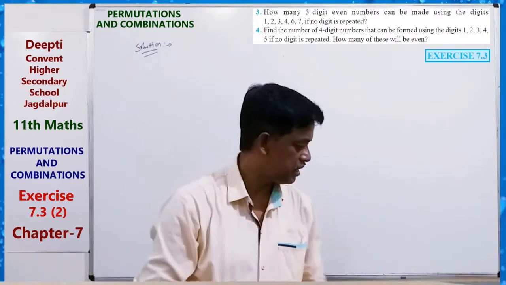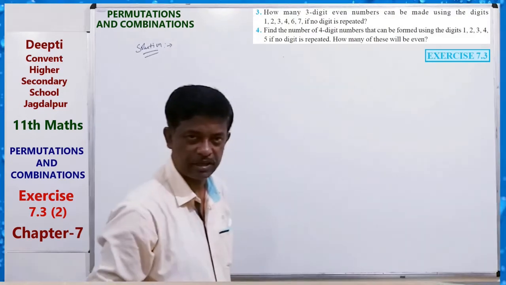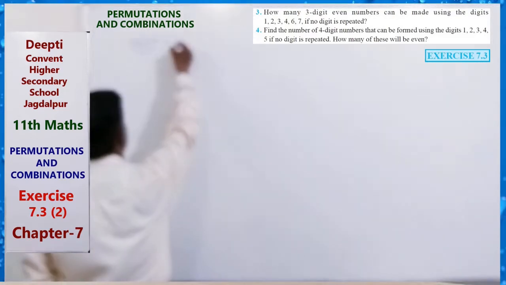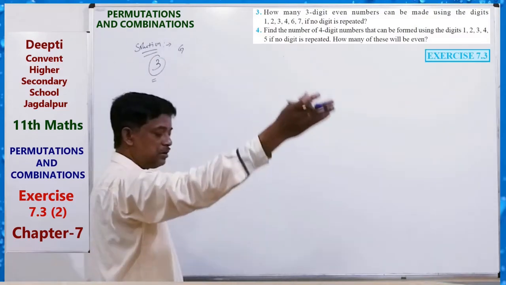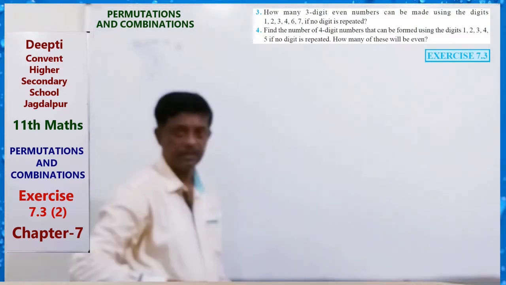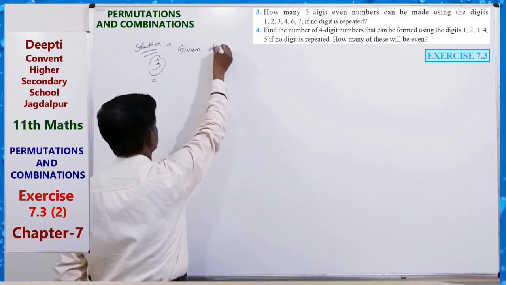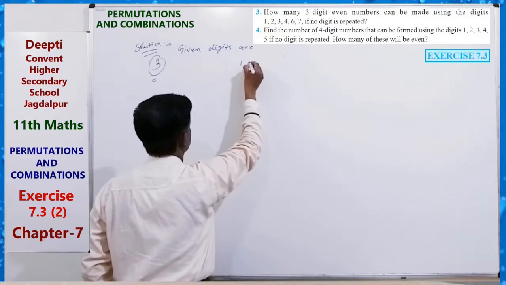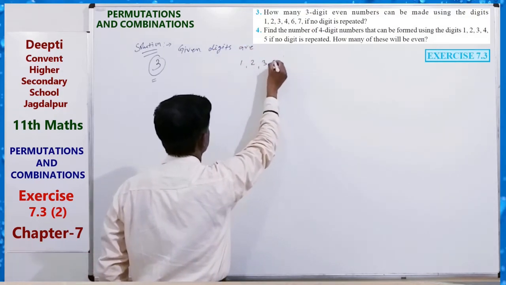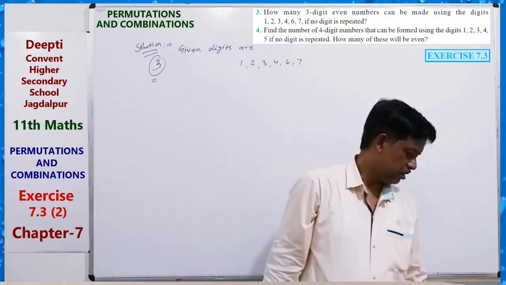So here in question 3 of exercise 7.3, how many 3 digit even numbers can be made? The given digits are 1, 2, 3, 4, 6, 7.